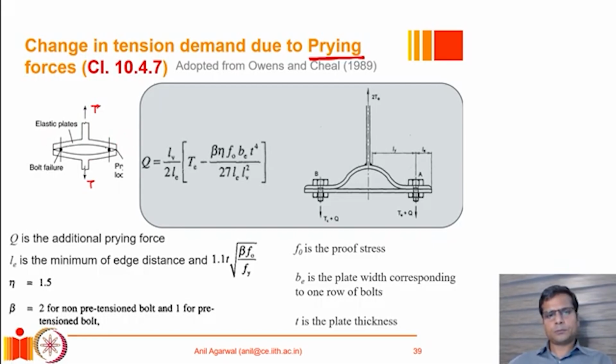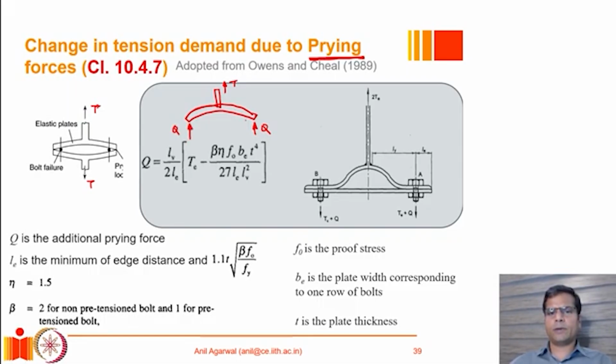However, because of the prying action, let me draw the free body diagram of this one of the T sections. If this force is T and there is a prying action, let's say that force is Q, then similarly there is a Q force here.